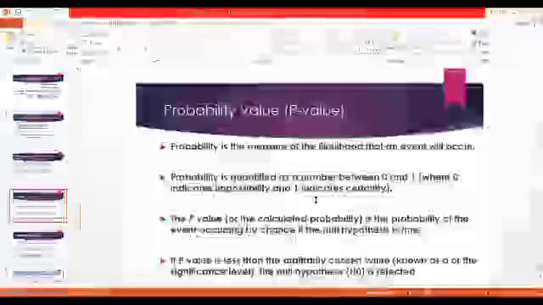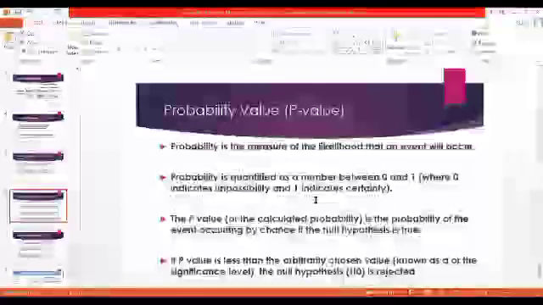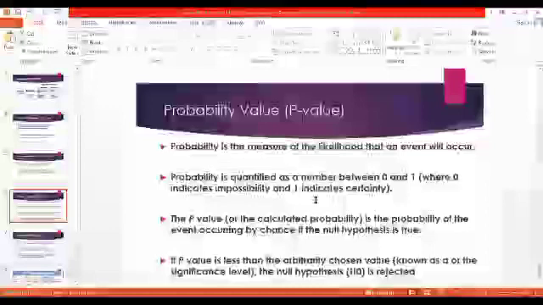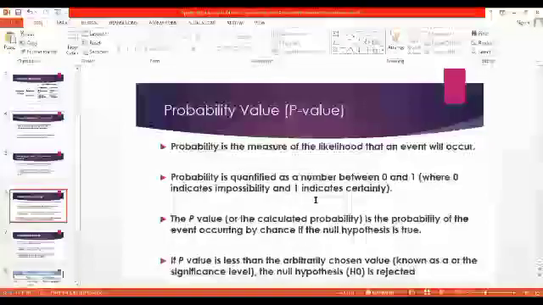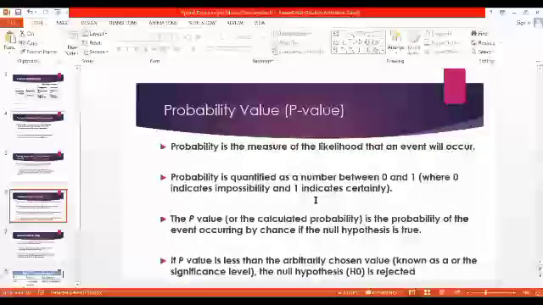What about probability? We need to talk about probability as far as comparative data analysis is concerned. Probability is the measure of likelihood that an event will occur. This probability is quantified as a number between 0 and 1, where 0 indicates impossibility and 1 indicates certainty.